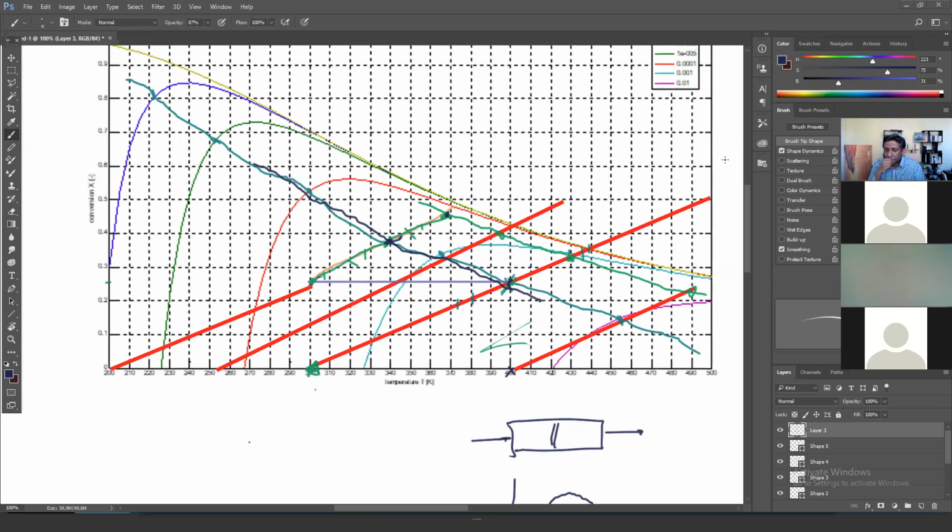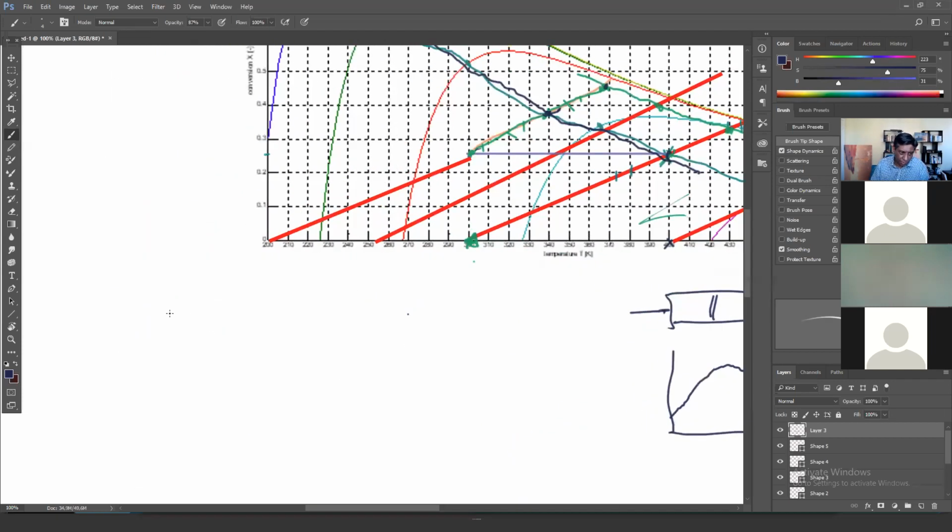So let's start with that. Let's talk about estimating the volume in each case. It's actually quite straightforward now that we've drawn these lines. So for the CSTR, VCSTR, we just use the design equation.